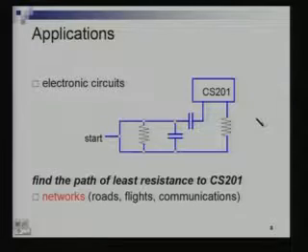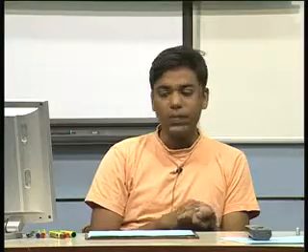I can take the map of a city, and every intersection could be modeled as a vertex, and the roads connecting two intersections could be modeled as an edge. Then I could ask questions such as how I can go from this place to this place by asking the corresponding question on a graph. So transportation networks, communication networks, all of them are modeled as graphs.